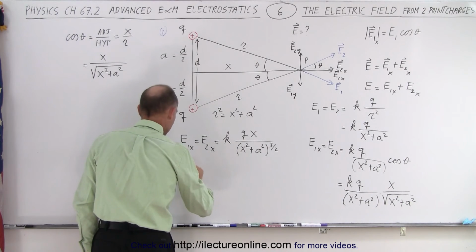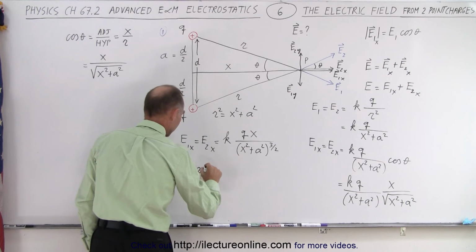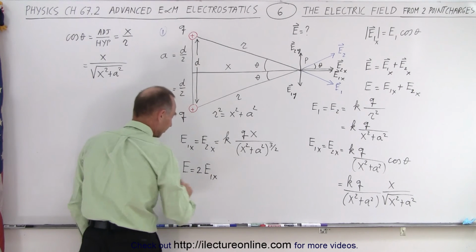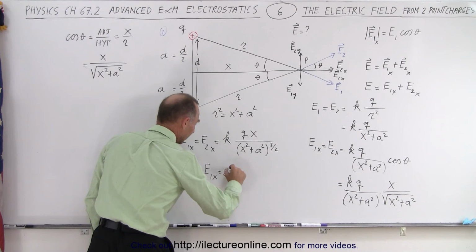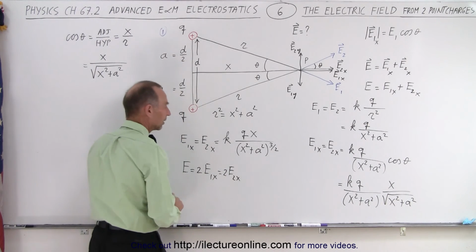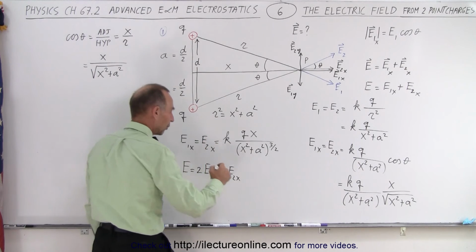So we can say that E is equal to 2 times E1x, which is equal to 2 times E2x, which simply is equal to twice that.